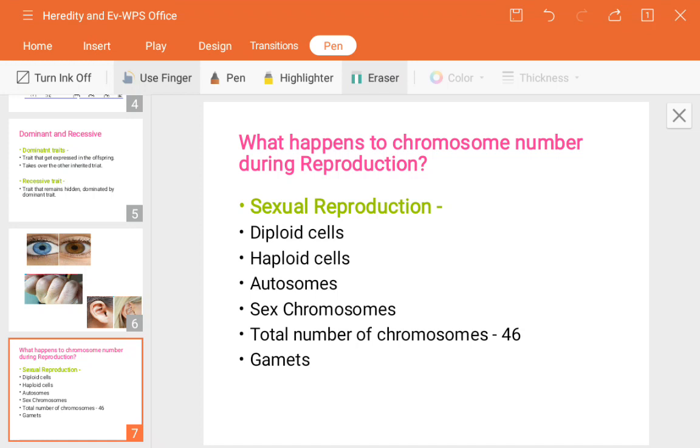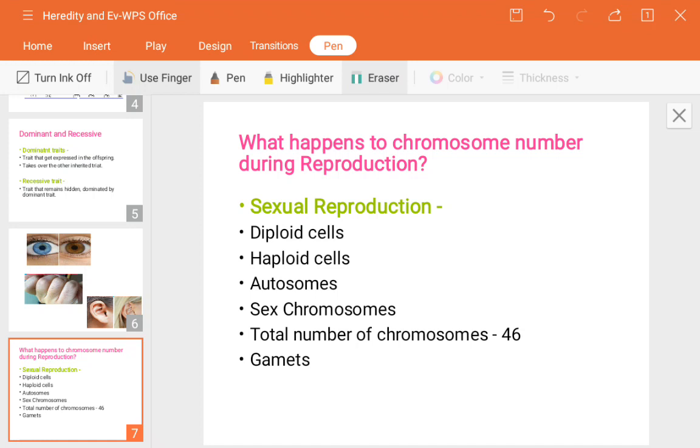Now we have understood that diploid means the cell with two complete sets, and haploid is the cell with a single complete set of chromosomes, either a father set or a mother set.